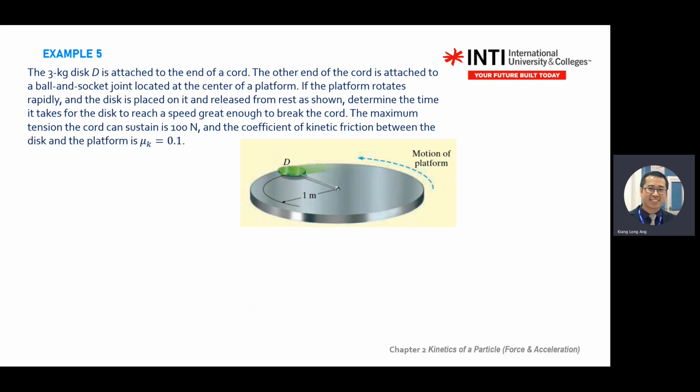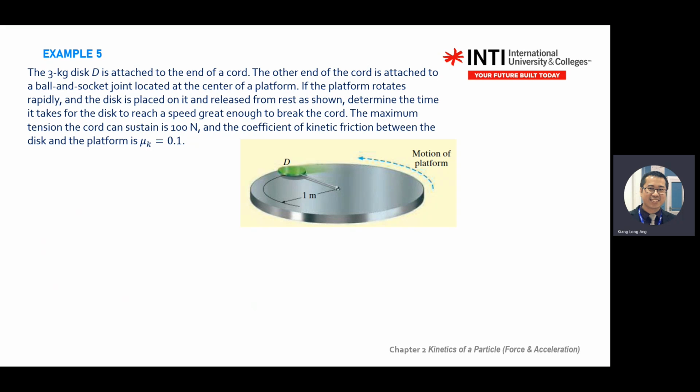Okay. And you're given the motion of the platform. And you're given a cord there. The other end of the cord is attached to a ball and socket joint located at the center. If the platform rotates rapidly and the disc is placed on it and released from rest as shown, this one rotates and then you drop the green colored pellet.